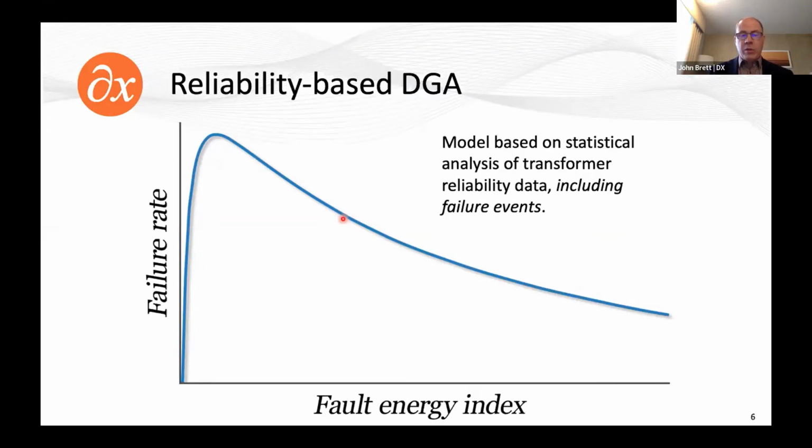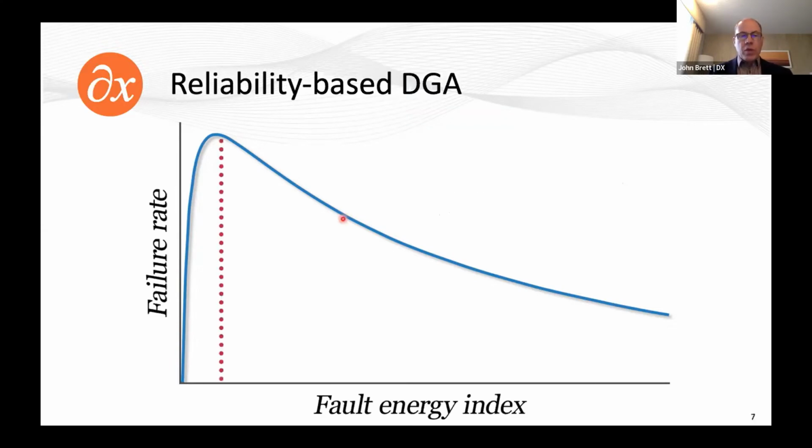So what do we do with this model? Well, now that we have it, you can take any particular transformer of interest and compare it with the model. You calculate the current fault energy index for a particular transformer, which is what this dotted line represents, and place it on top of the model.